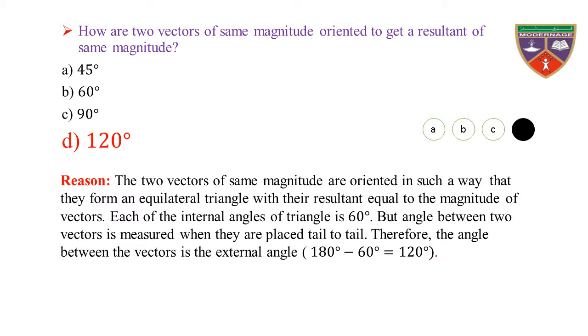Each of the internal angles of the triangle is 60 degree, but the angle between two vectors is measured when they are placed tail to tail. Therefore, the angle between the two vectors is the external angle, which is 180 degree minus 60 degree is equal to 120 degree. Hence, the angle between the two vectors is 120 degree.